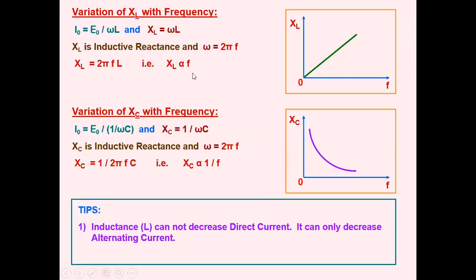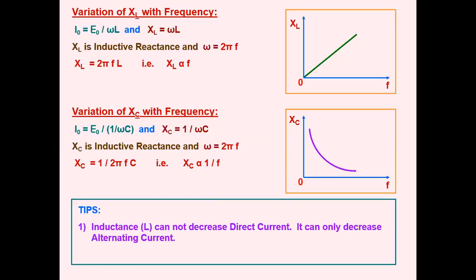If you apply the inductive circuit for DC supply, then resistance offered by inductor to DC supply will be 0, because DC supply has 0 frequency.